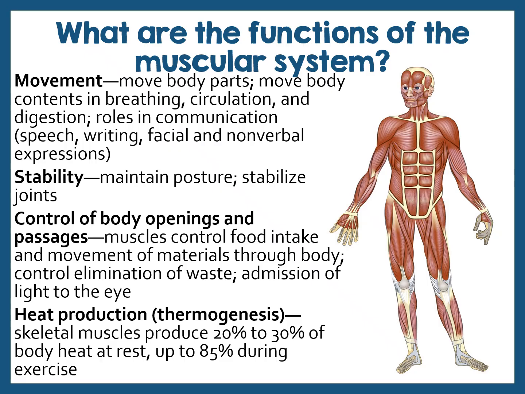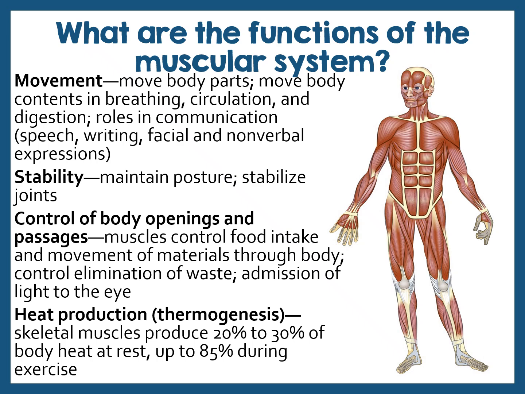We rely on muscles within our ribs, the intercostals, and the diaphragm to aid in breathing. Muscles also line our blood vessels, so they're involved in circulation and help move blood throughout our bodies. Our digestive tract is also lined with some smooth muscle that will contract and move food through our digestive systems.